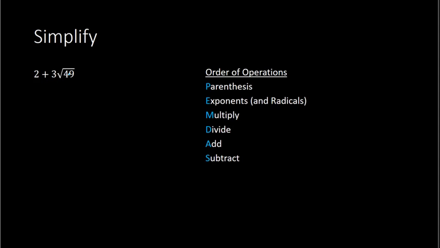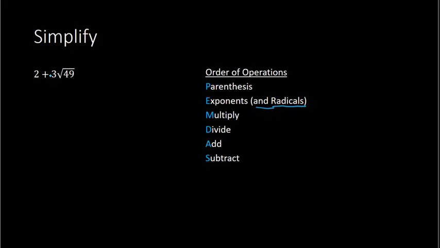Now what if you had something a little more complicated? Maybe we had 2 plus 3 times the square root of 49. Now remember, if you have multiple things like we do here, make sure you follow the order of operations. And radicals, notice, will fall on the same level as exponents. So I do the radical first, and then I can do multiplying, dividing, adding, and subtracting.